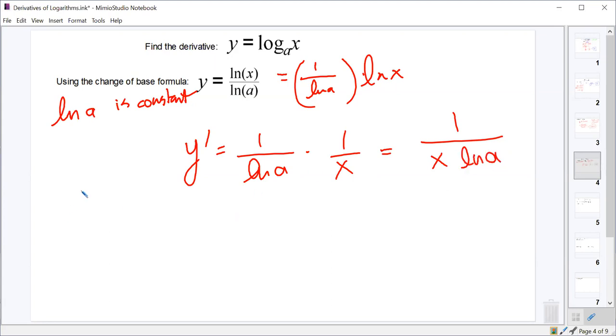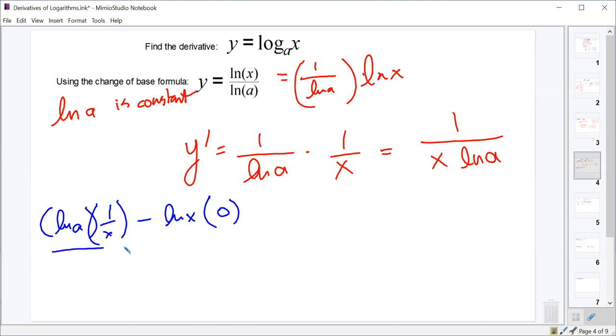Now, some of you were saying the quotient rule, right? If we were trying to do the quotient rule, it would work. We would do the denominator, natural log of a, times the derivative of the numerator, which would be 1 over x, and then minus the numerator times the derivative of the denominator. Derivative of a constant is 0, all divided by the denominator squared.